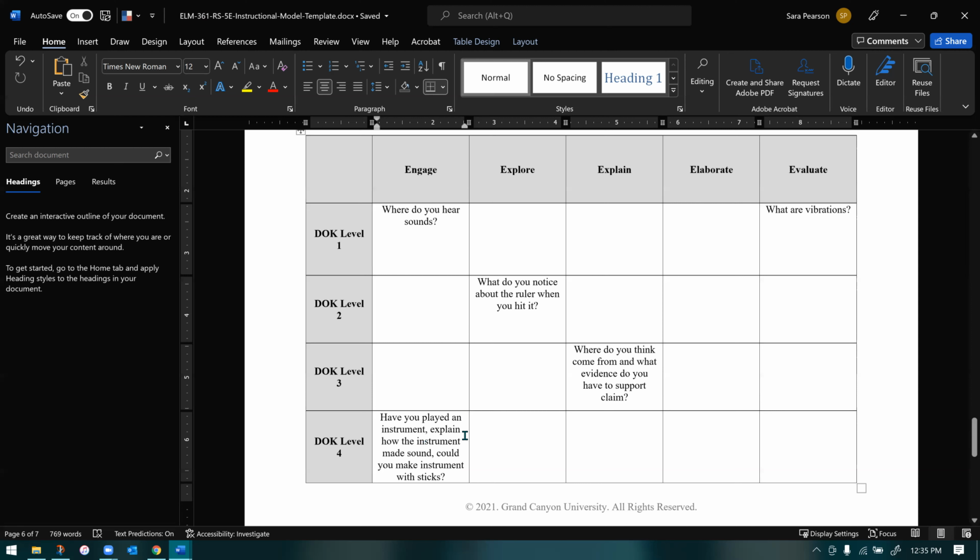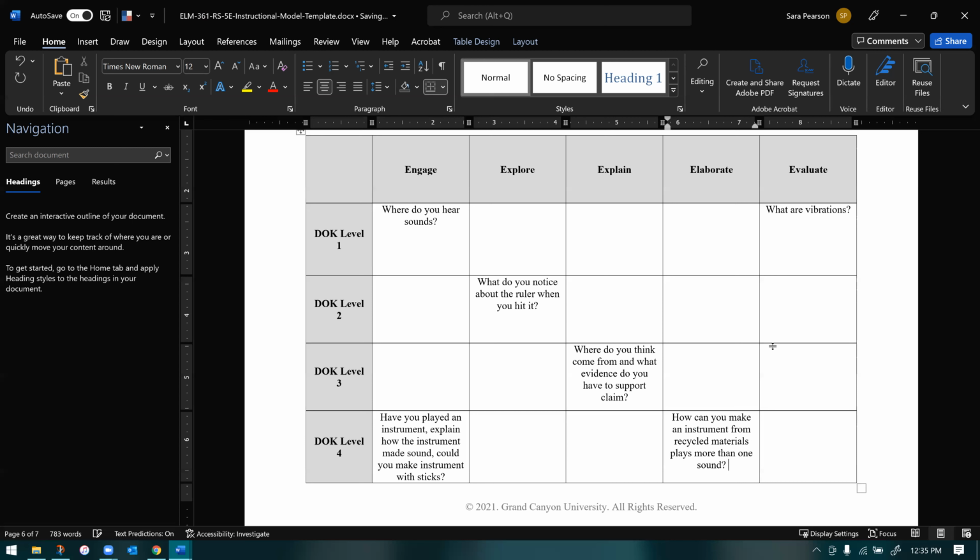Now, I might, in the explore phase, have students do something like, or the elaborate phase, let's do elaborate. Have students create their own musical instruments, a little engineering design here. So now we learned they come from vibrations. So now in elaborate, you might have them, how can you make an instrument from recycled materials that plays more than one sound?